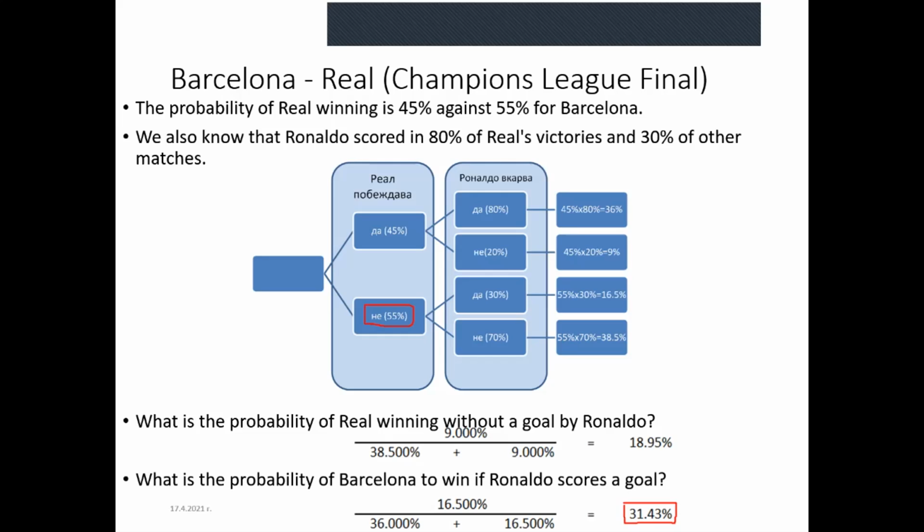If we have another condition, in how many of the victories Lionel Messi scores, and in how many of the non-victories of Barcelona Lionel Messi also scores, we could have these branches expanded. For each of these we'll have another two: Lionel Messi scores and does not score. And if we have another type of condition, this would branch again, and so on.